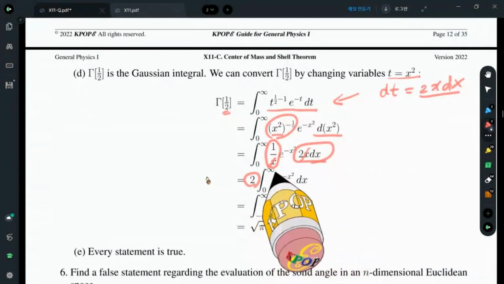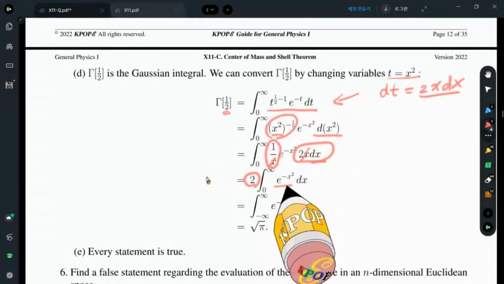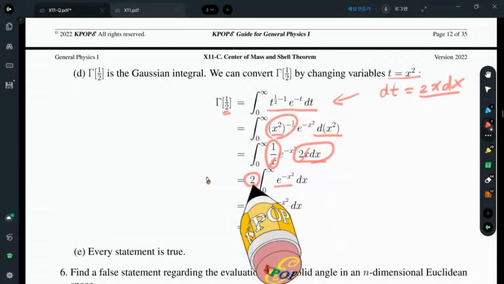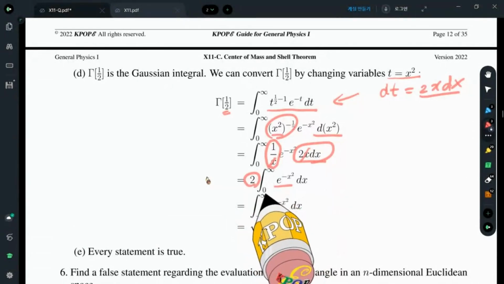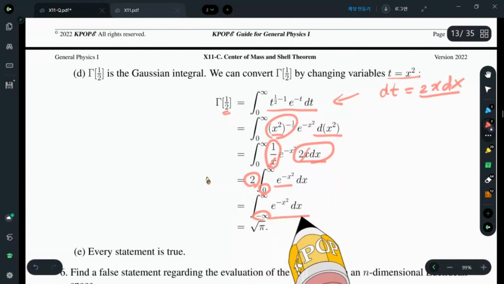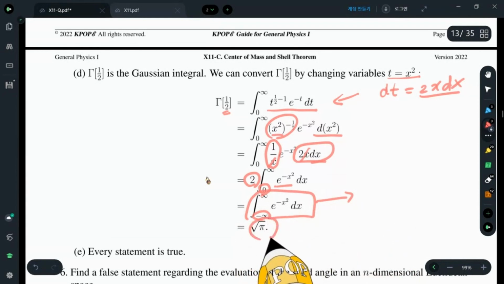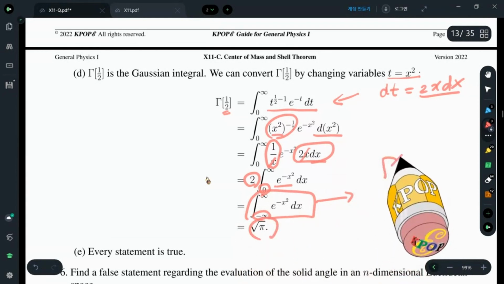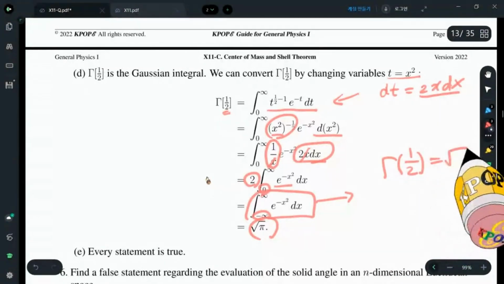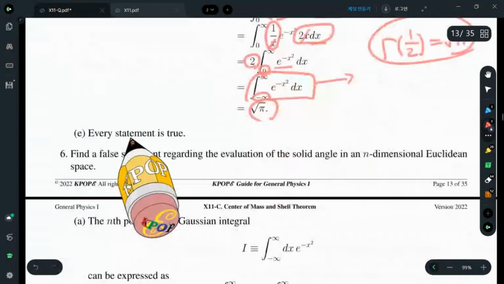However, we have a factor of 2, and this is an even function, so I can absorb this factor of 2 by extending the lower limit to minus infinity. You know the answer. This is the Gaussian integral, square root of pi. Aha, you know the gamma function with the argument 1/2 is the square root of pi. Everything is done.